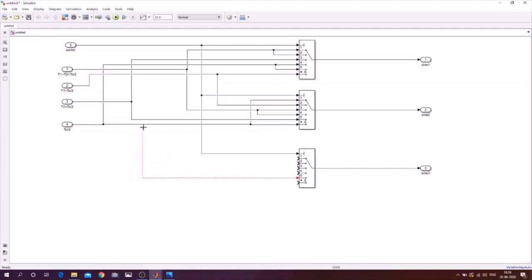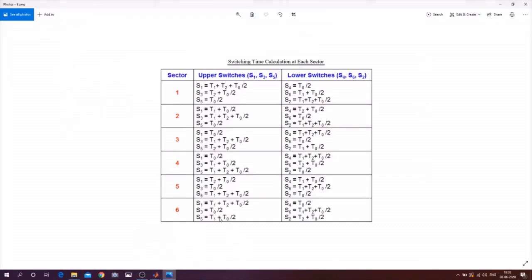S5 is T1 plus T2, that is this one, and 6 is also the same. 5 and 6 are the same. 1 is T2, 4 and 2, 3, 2 and 3 are the same, T0 by 2.